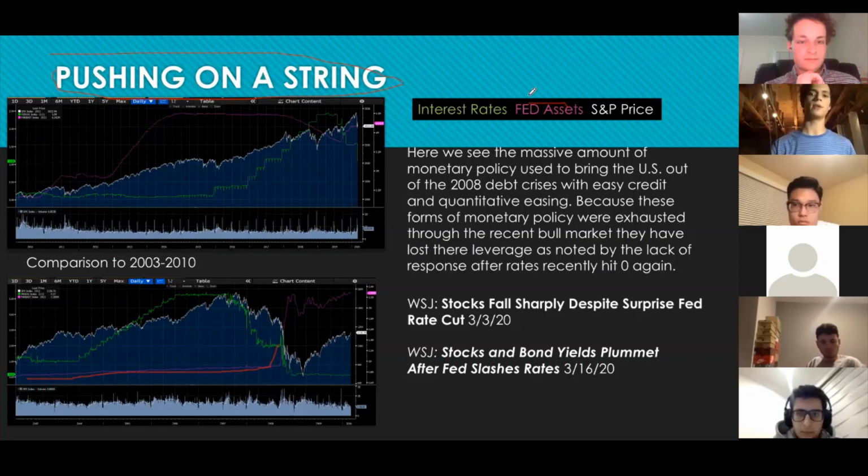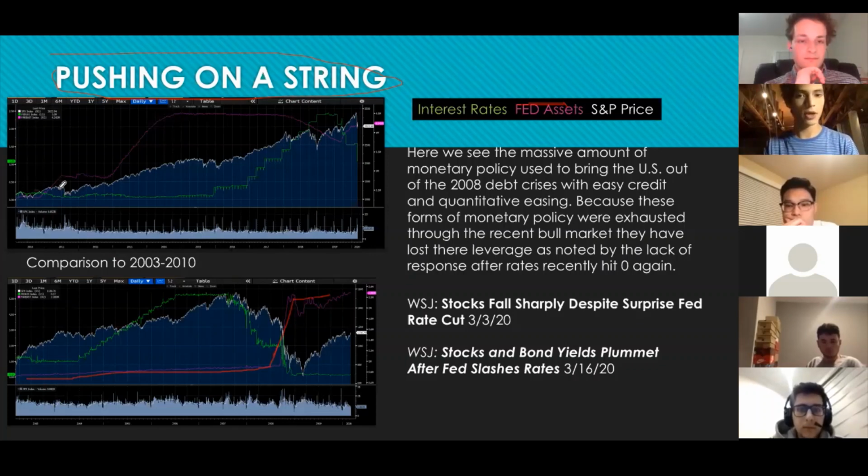But Fed assets, when they go high, just think of it for now as the amount of stimulus that's being made. I won't go into the details. So they're not really stimulating because the economy is well. Then to get us out of the situation, they do a lot of stimulus called quantitative easing, printing money, and all sorts of things.